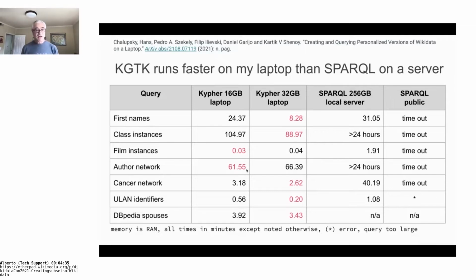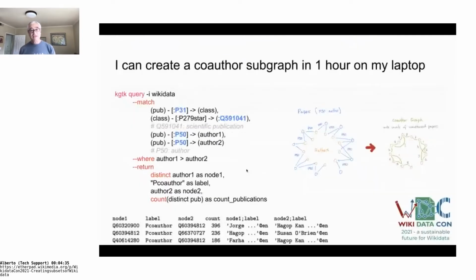So here's the query that creates the author subgraph. And we use a language similar to Cypher, Neo4j. So it's not SPARQL. And you just sort of specify what you want. I want a publication that's an instance of a class.